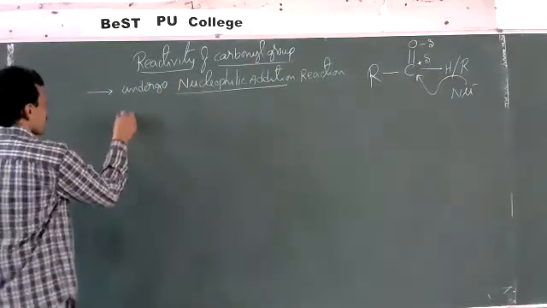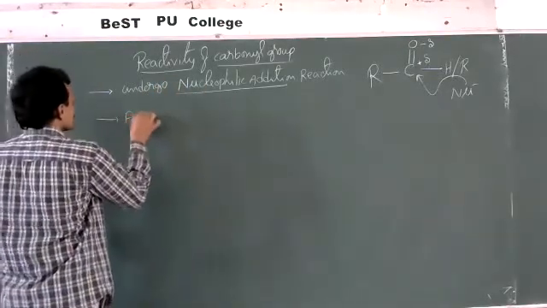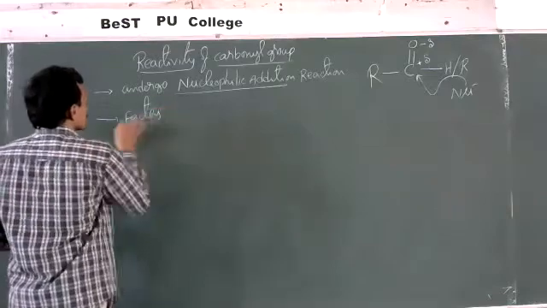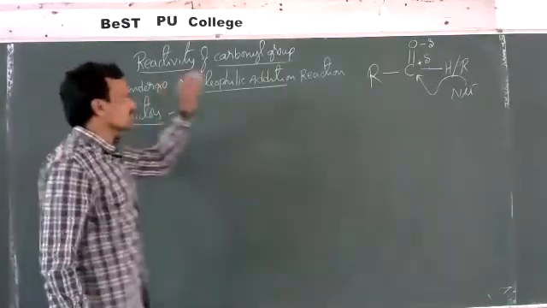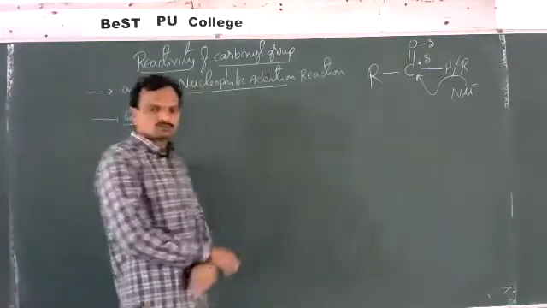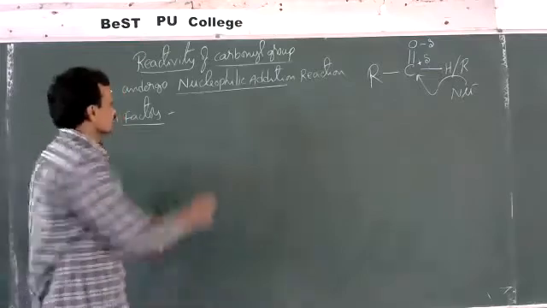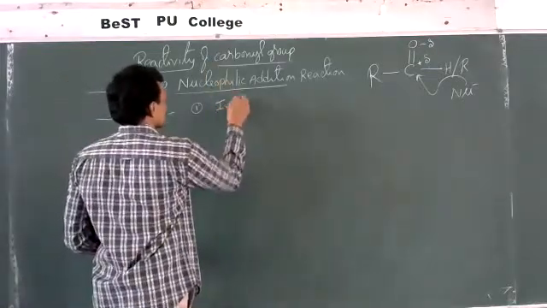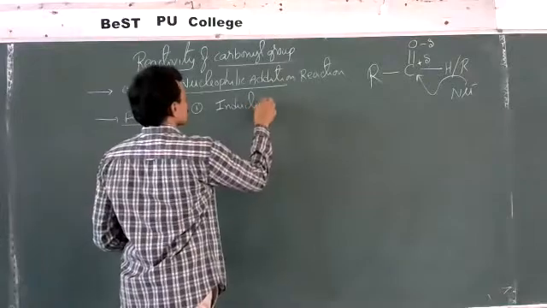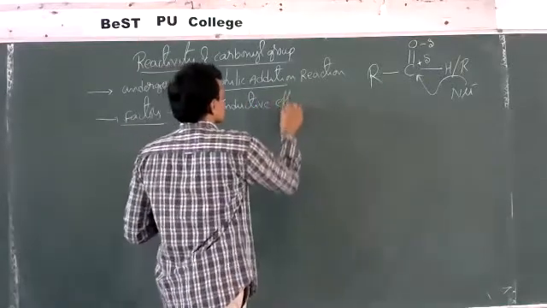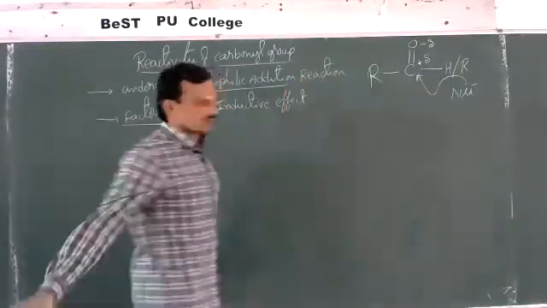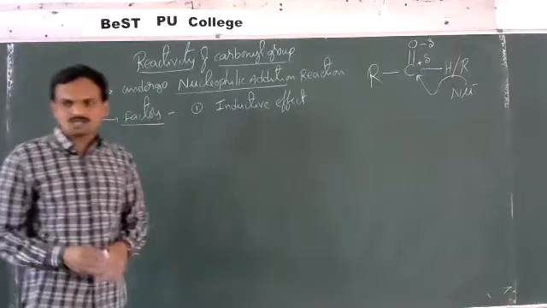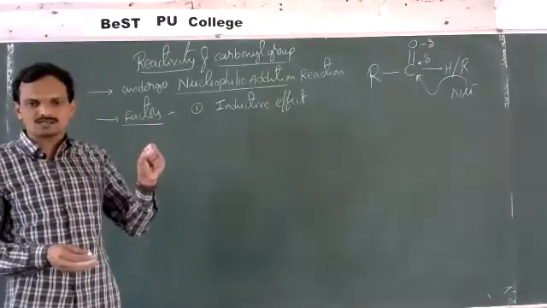So here the factors that can affect reactivity of carbonyl group towards nucleophilic addition: the first one is inductive effect, the inductive effect of the alkyl group, that is, the electron releasing tendency of the alkyl group.